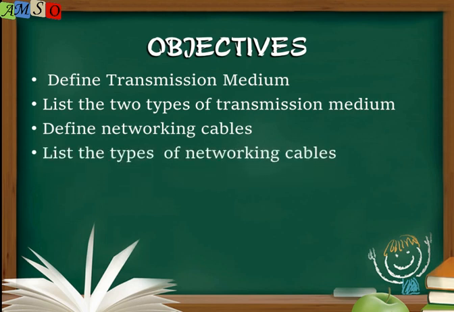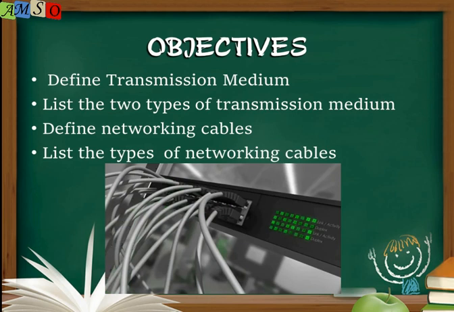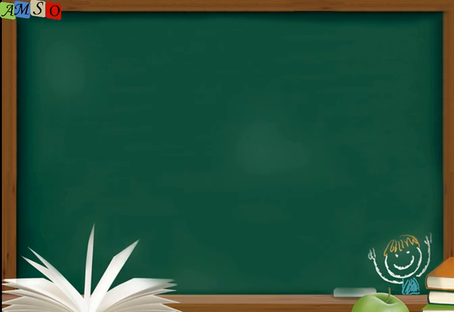Number four, list the types of networking cable. I believe with this picture, you're going to have something in your mind about what networking cables are. So now, let's dive into the course.